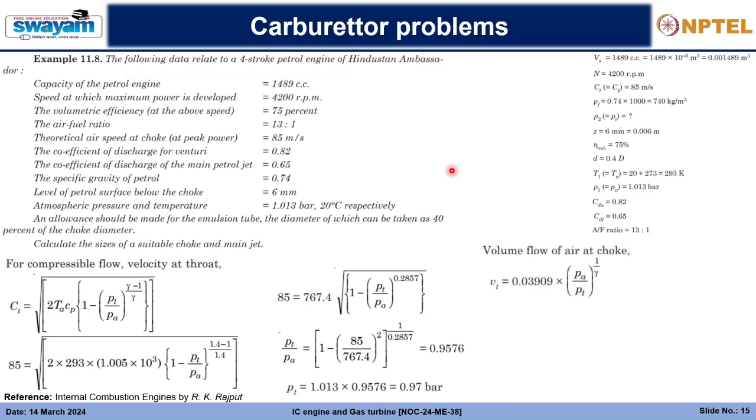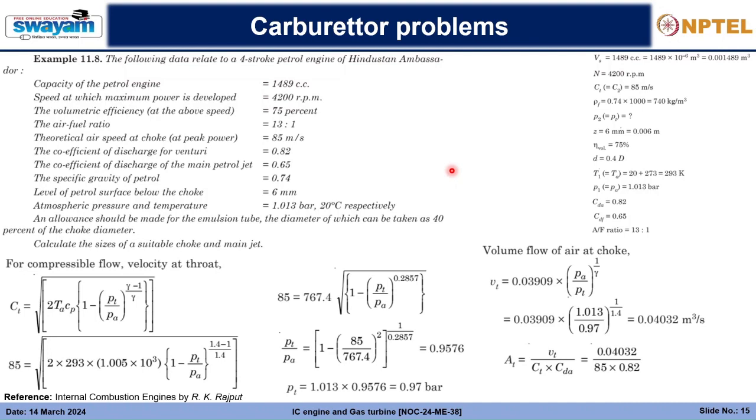Then the volume flow of air at the choke, by this isentropic process. Since it is an isentropic process, we will consider this thermodynamic relationship, and from here we will get Vt, the volume flow at the choke, as 0.04032 meter cube per second.